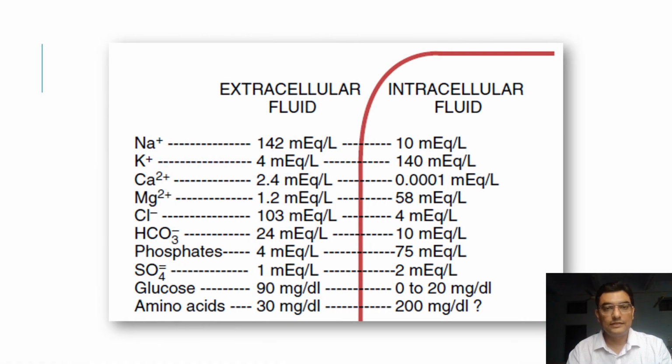Now, as you can see from the chemical composition, sodium is present in large amount in the extracellular fluid, while potassium is present in a small amount. So if we want to move the sodium from intracellular fluid to extracellular, we will need energy. If we want to move the potassium from extracellular to intracellular, we will need energy.